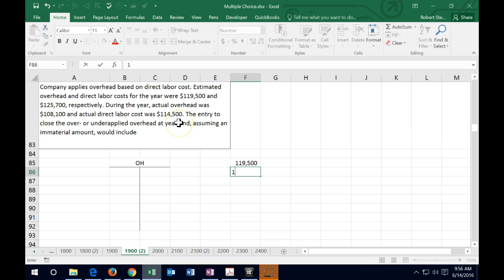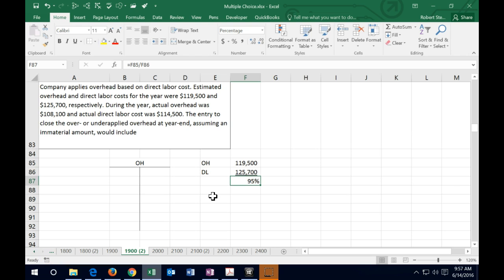And then we had 125,700 of direct labor. So this is overhead, direct labor. We're going to use this to determine our rate. So I'm going to underline this. We're going to say, all right, well, if there's 119,500 estimated overhead divided by the estimated direct labor, 125,700, going to the home tab, number, we're going to use 95%, 0.95, to allocate the overhead.